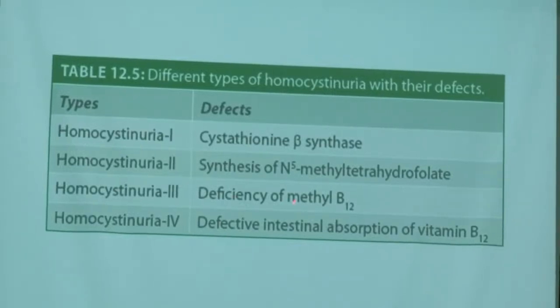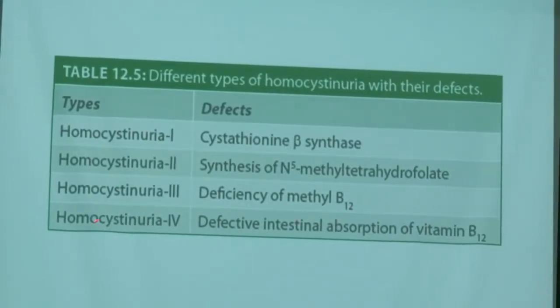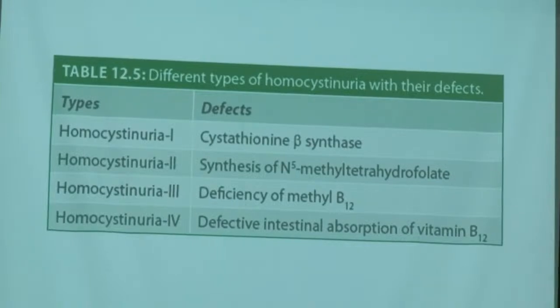Homocystinuria third is deficiency of methyl B12. Homocystinuria fourth is defective intestinal absorption of vitamin B12.